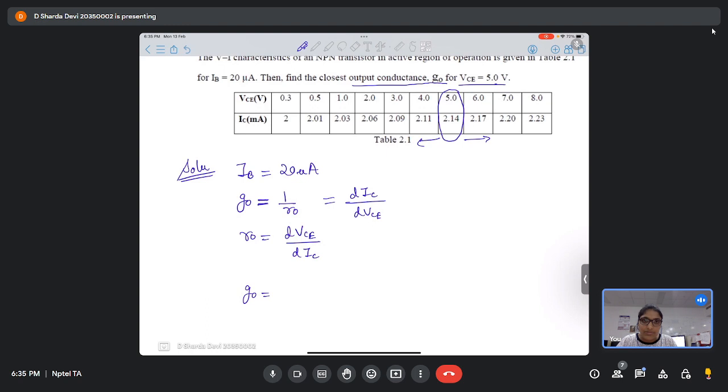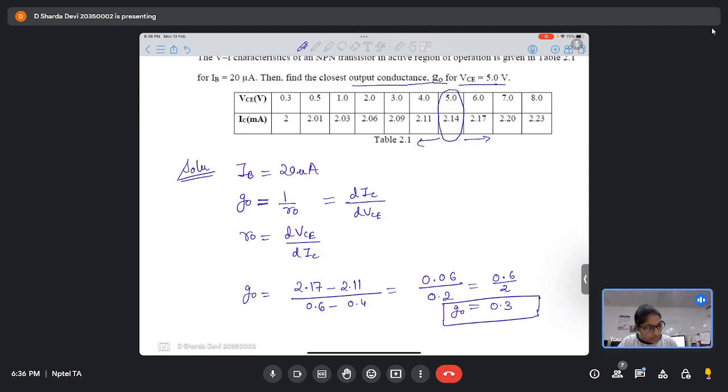So it will be 2.17 minus 2.11 by 0.6 minus 0.4, so this will be 0.06 by 0.2, which is 0.3. So G0 is 0.3.